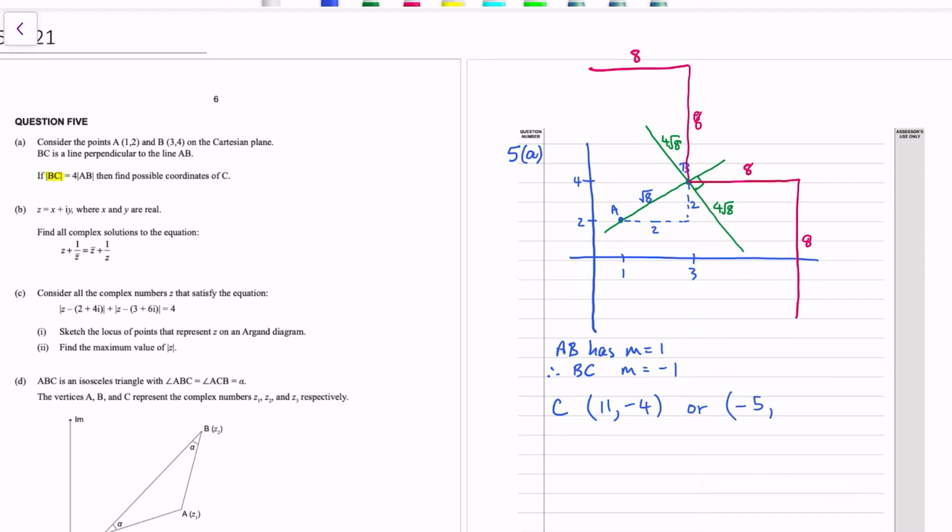Clearly my diagram started off to scale and is no longer. And I take the y value of 4 and add 8 to it, and I get 12. Okay, so those are the 2 answers to the problem. And I didn't have to do any difficult algebra to get that.